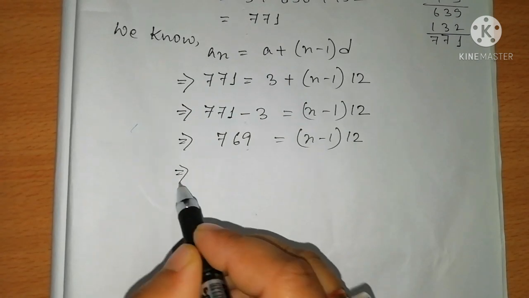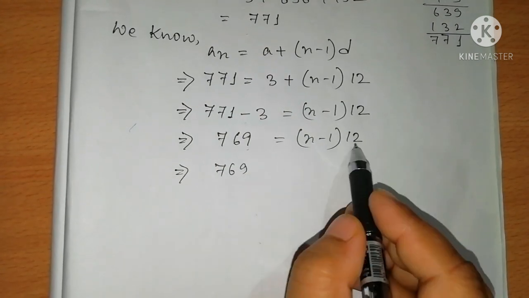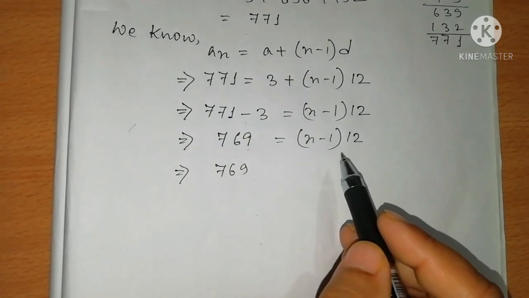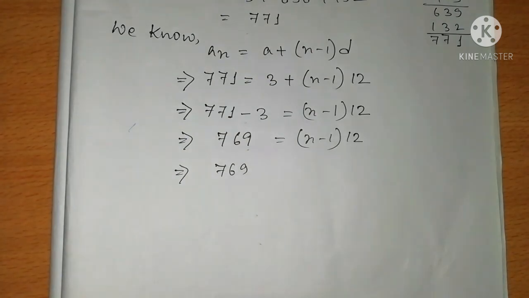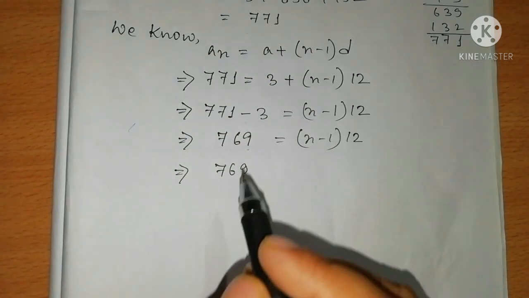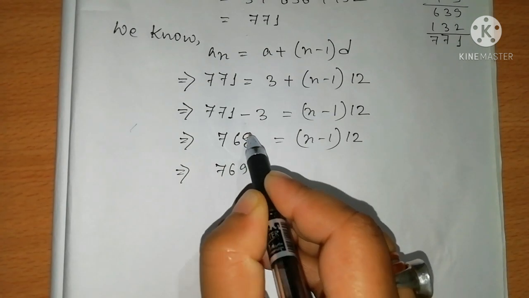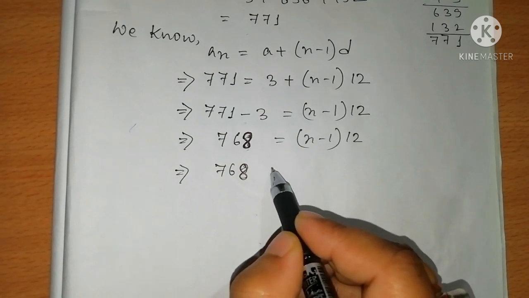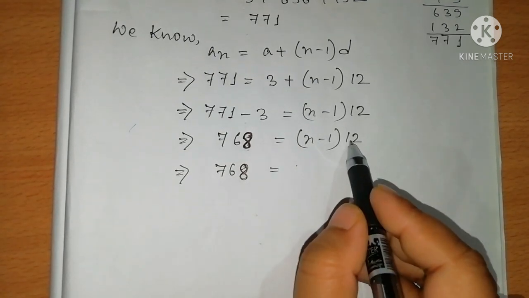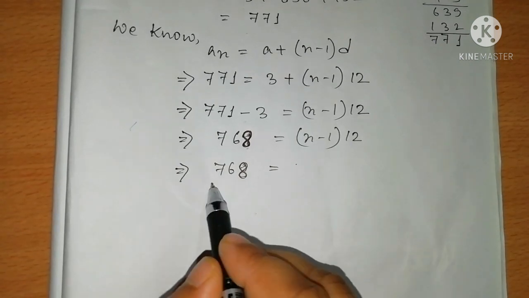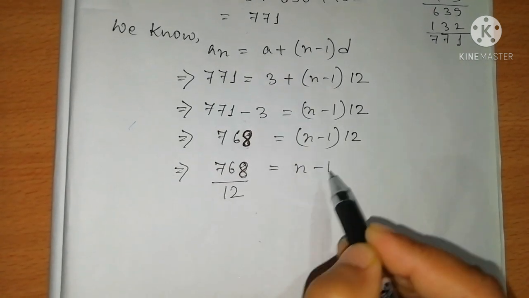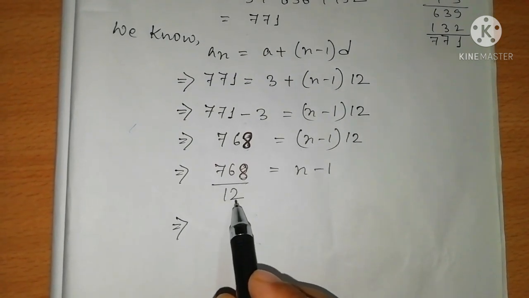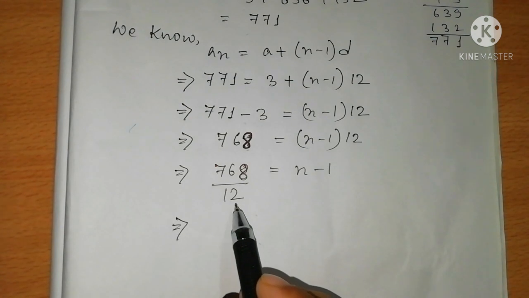Now 768 is equal to (n minus 1) into 12. As 12 is multiplied with n minus 1, it will be divided here, so 768 divided by 12 equals n minus 1. Now we'll try to cancel 768 by 12.